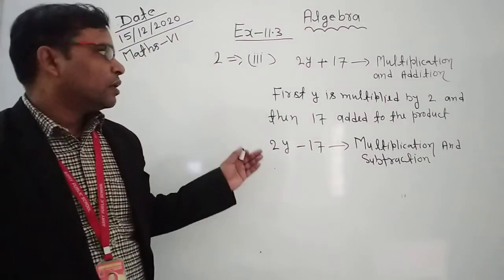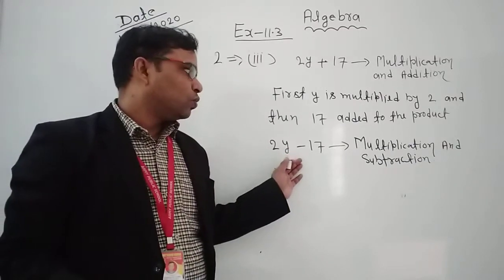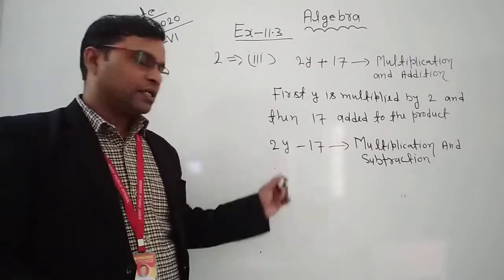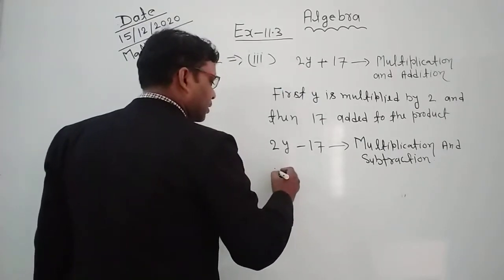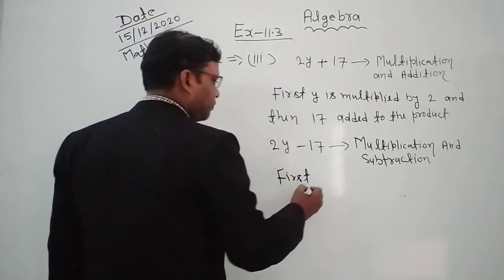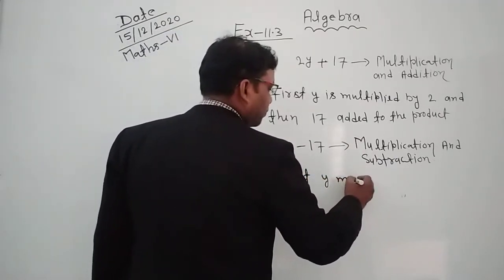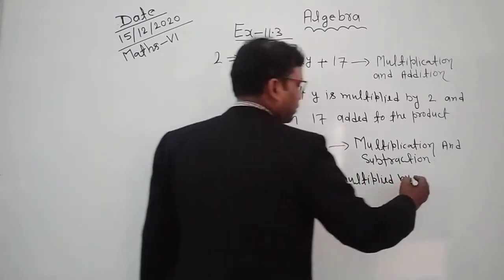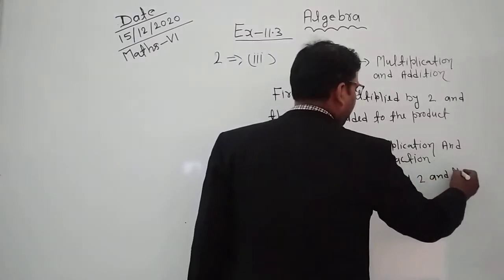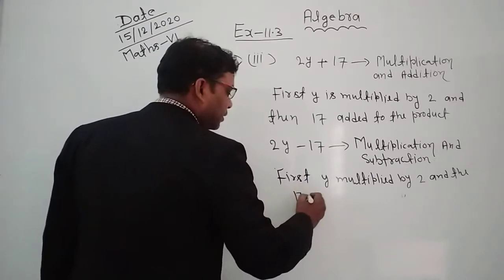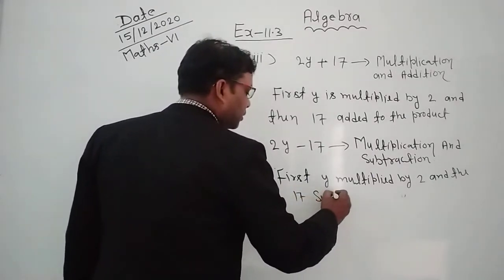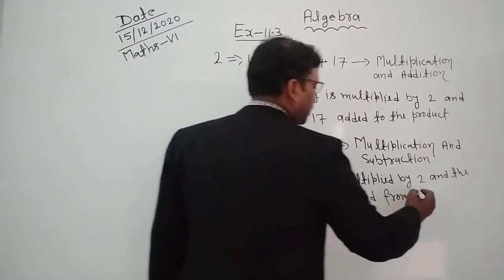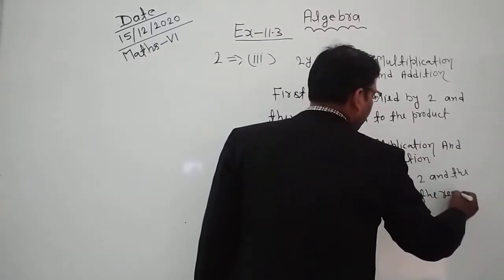So write first y multiplied by 2 and then 17 subtracted from the result.